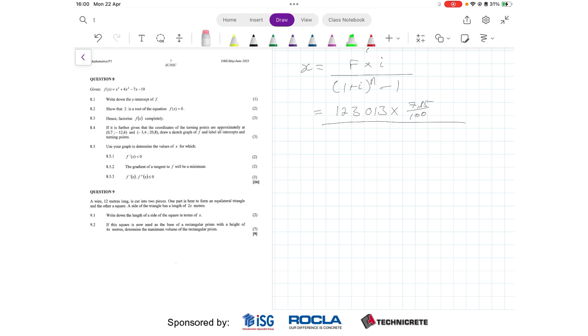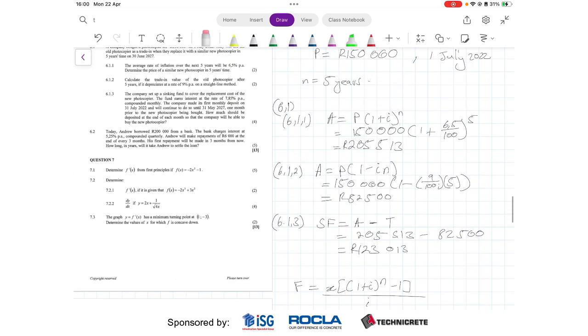We need to remember that this problem has been given to us not in terms of years but in terms of months. Because the problem requires us to calculate over a period from the 31st of July 2022 to the 31st of May 2027, this is a period of 59 months.